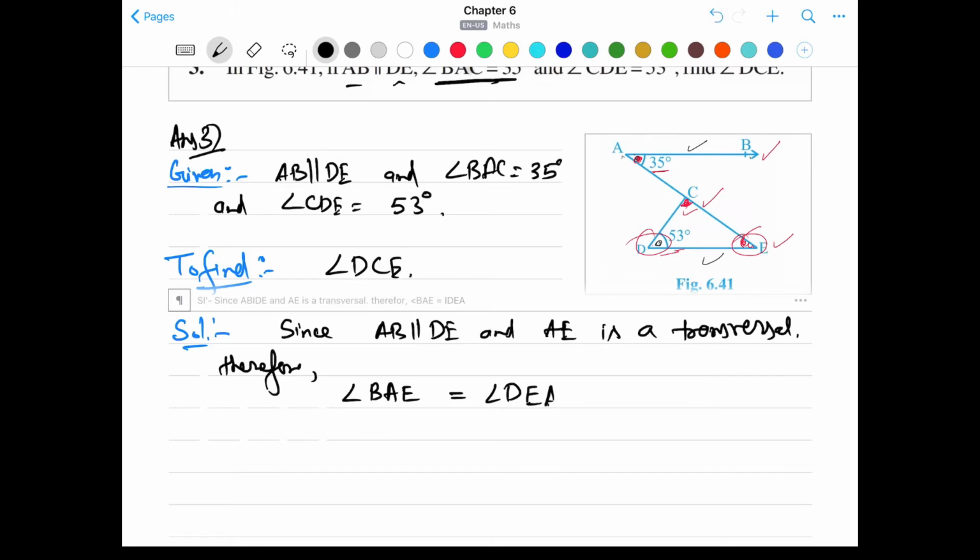Angle BAE will be equal to angle DEA. This is by the alternate interior angle theorem. That means these two angles are alternate angles.